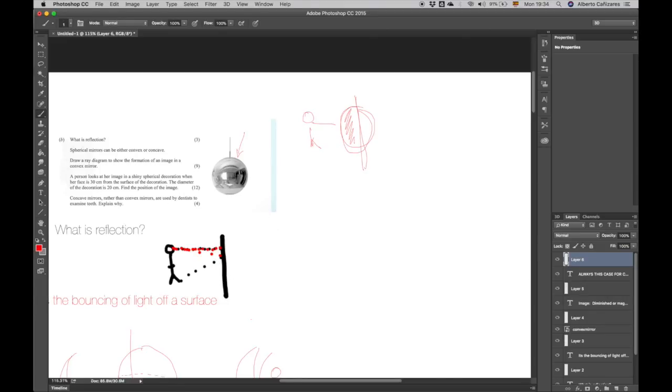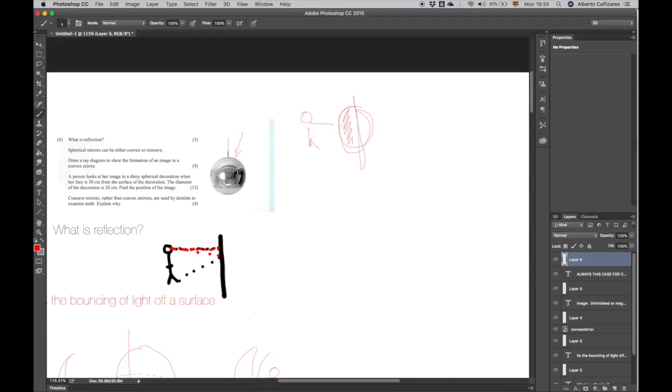What you can do is write very shortly something that will easily give you access to this information. Here it says a person looks at an image in a shiny spherical decoration. That's not really that useful; it basically just tells you convex mirror. When her face is 30 centimeters.